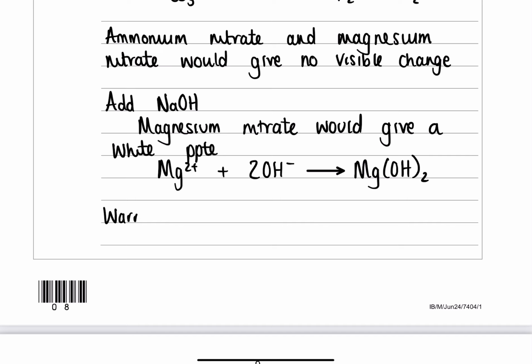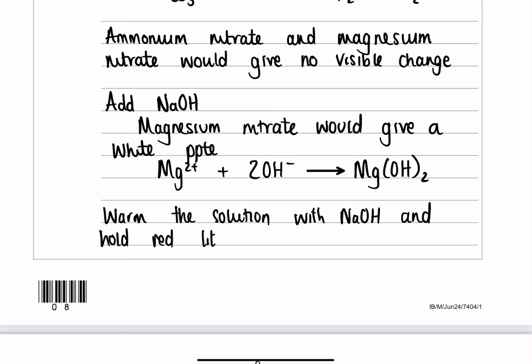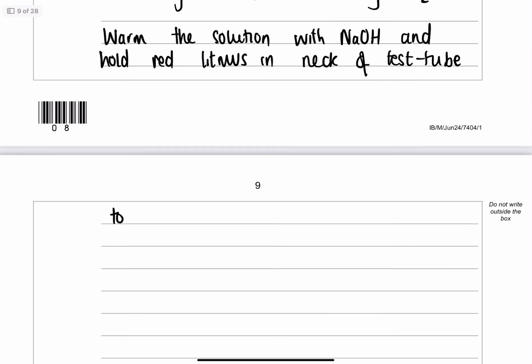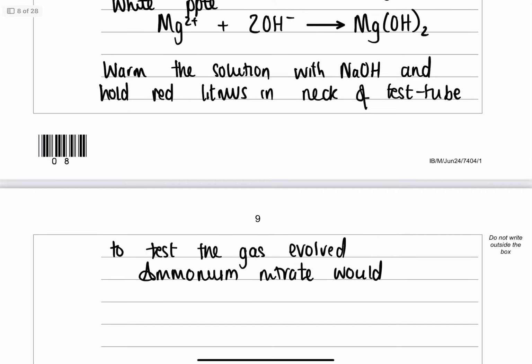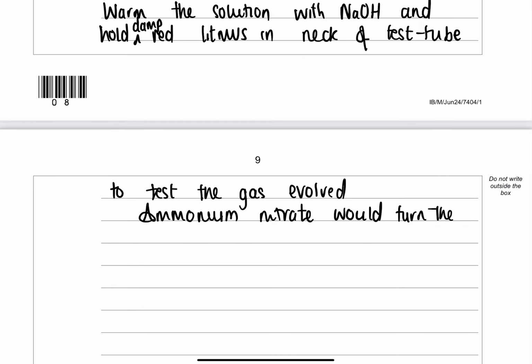If we warm the solution with NaOH and hold red litmus into the neck of the test tube to test the gas evolved, ammonium nitrate would, and in fact it needed to be damp red litmus, I'll squeeze that in, turn the damp red litmus paper blue.